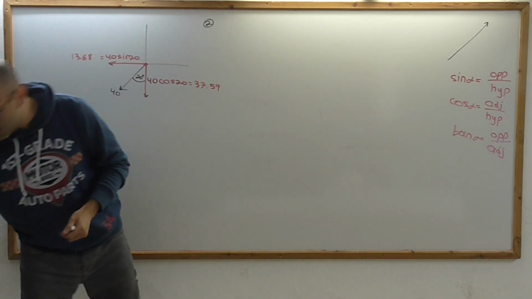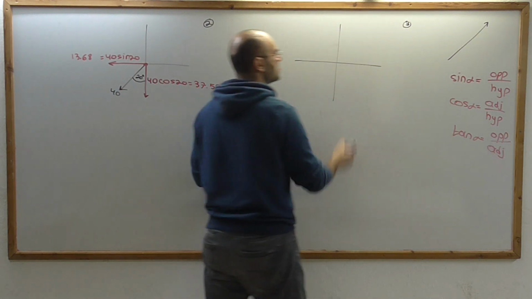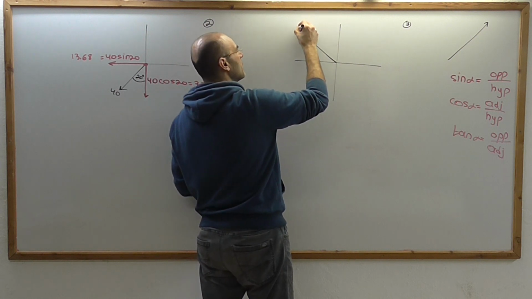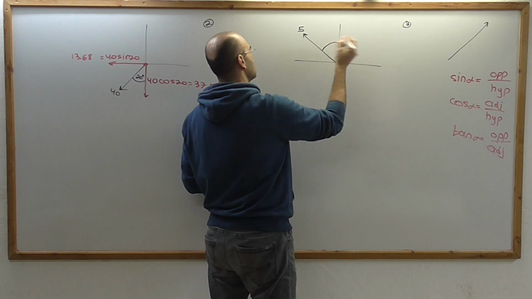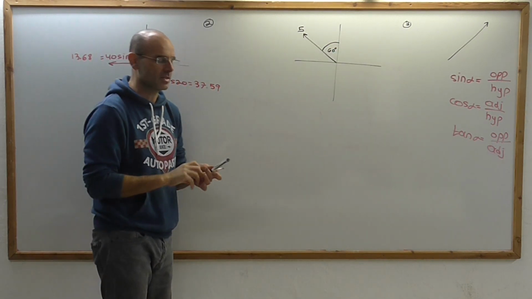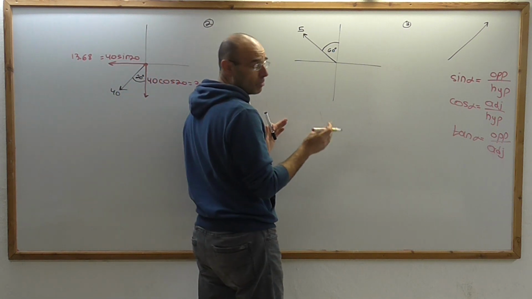One more. So example 3. Let's say I have this force, which is 5, and this angle, which is 60 degrees. I want to break it into its components. Again, I choose the right components.